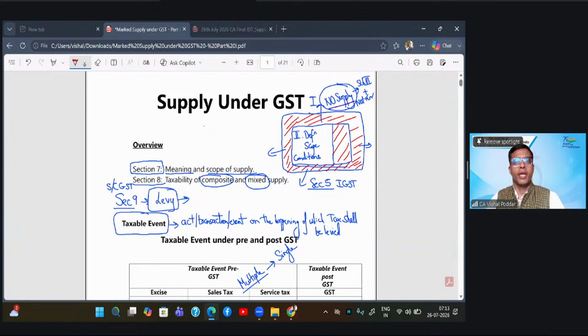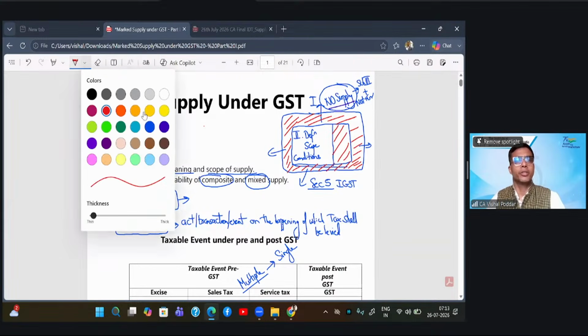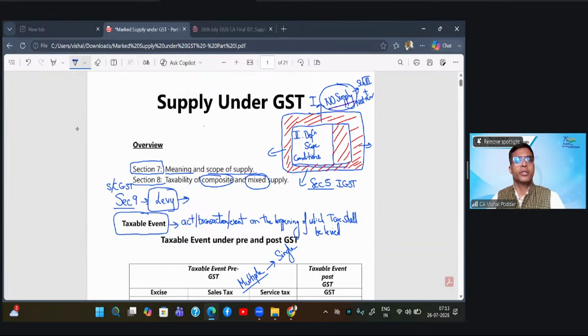So again we will determine what is supply by testing the conditions of supply, and the transactions which do not satisfy our conditions, which do not fall in the scope, will again be outside the scope of supply. They will not be supply. I hope you understood this, that there are two things which will not be a supply.